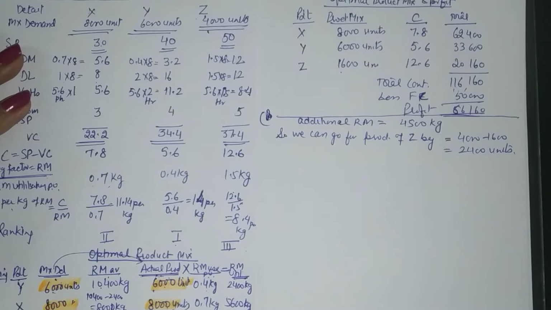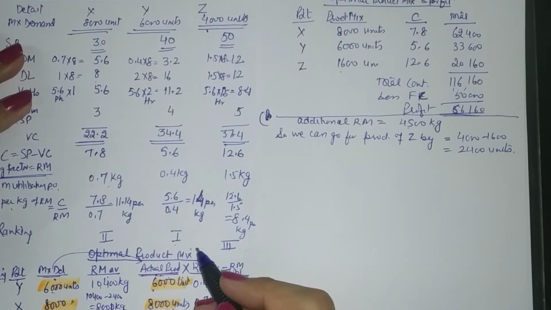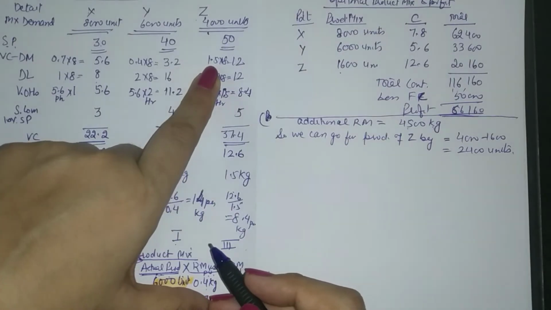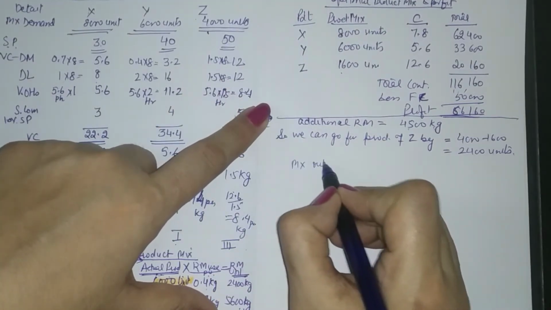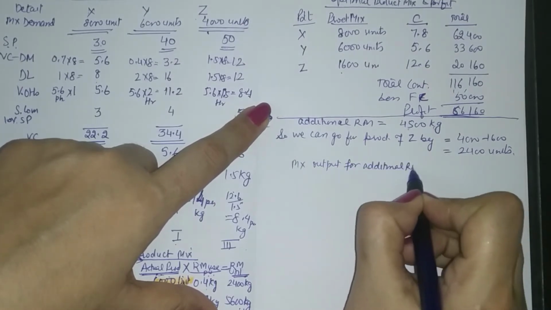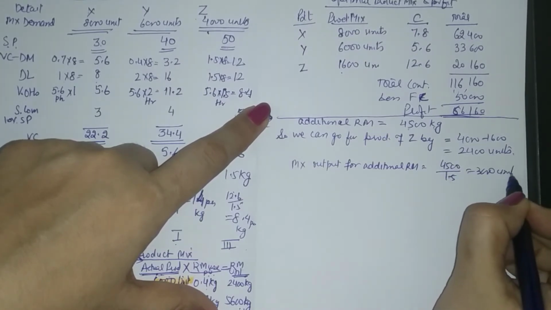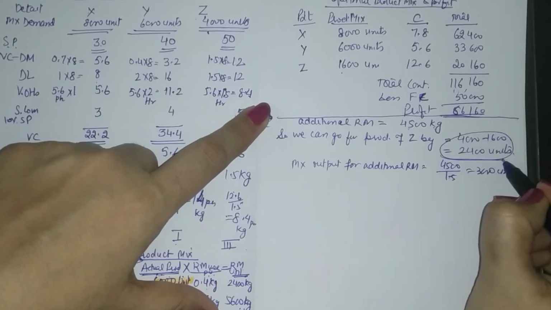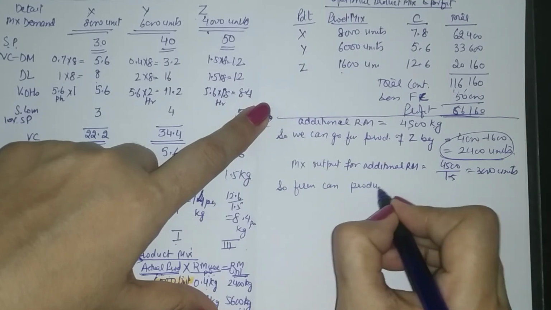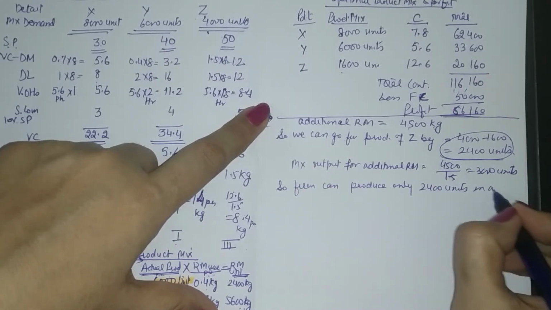Now with the 4,500 kilogram of raw material available, how many units can we produce? Since raw material was being used at the rate of 1.5 kilogram, the maximum output with additional raw material will be 3,000 units. But your demand is only 2,400 units. So the firm can produce only 2,400 units in addition.